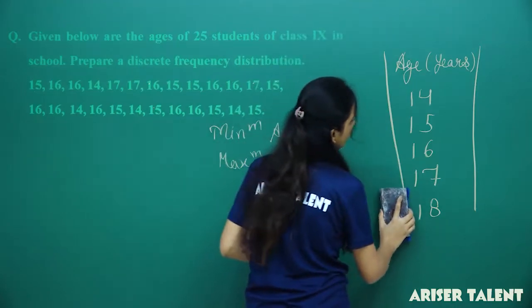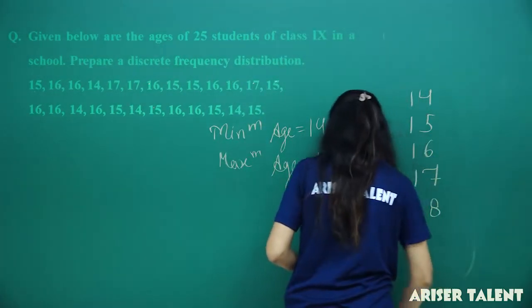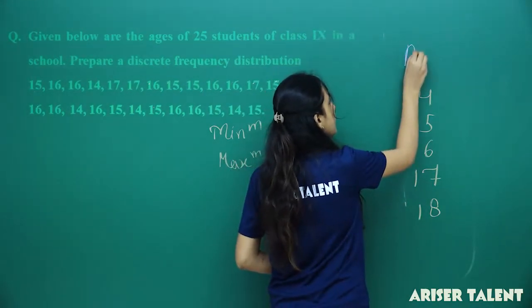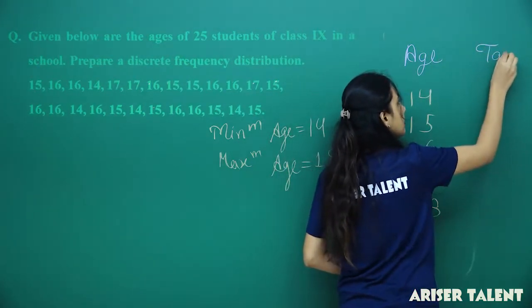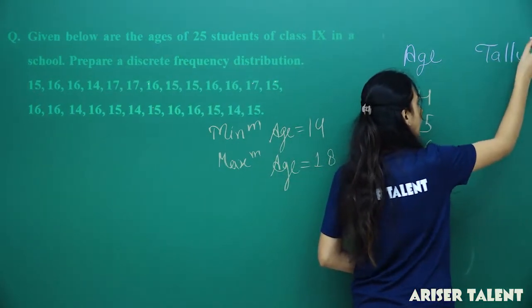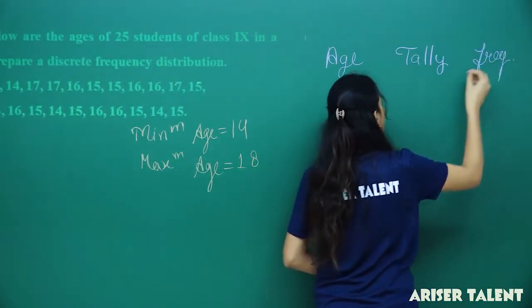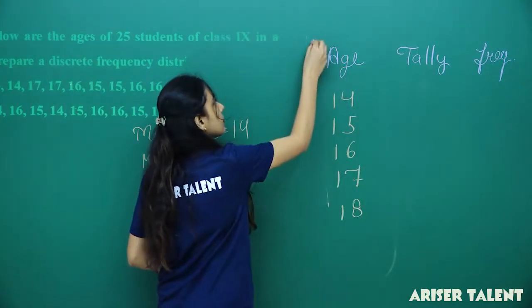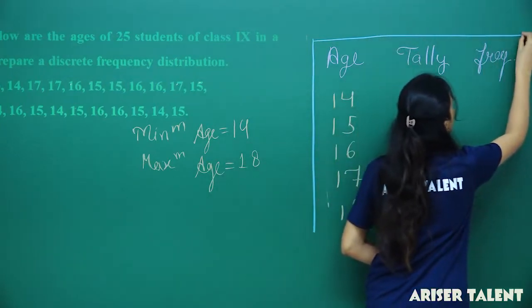This table has to look better than this. So we have age, we have to do the tally, and then there is a frequency. Okay, right or wrong? So this is our table.